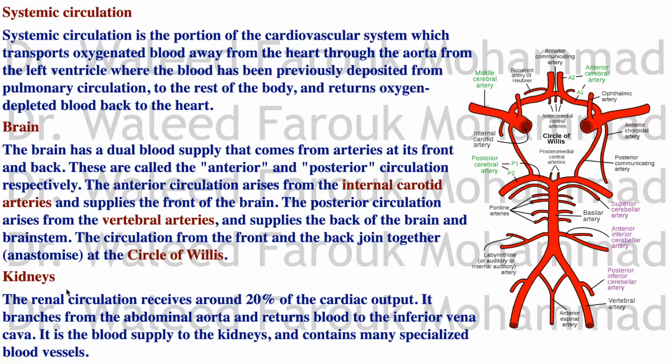The kidneys, other organs that receive around 20% of the cardiac output. It branches from the abdominal aorta and returns blood to the inferior vena cava through the renal veins.